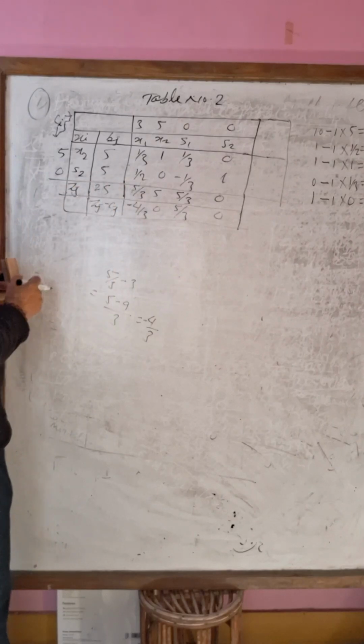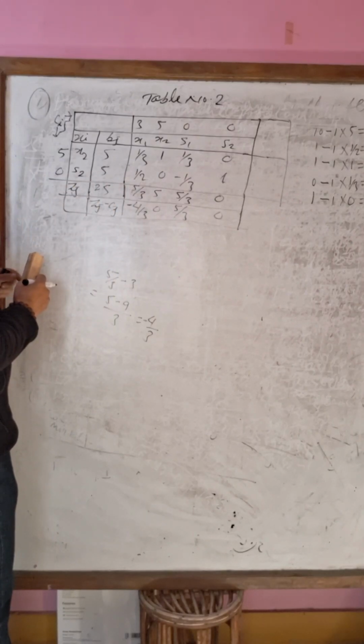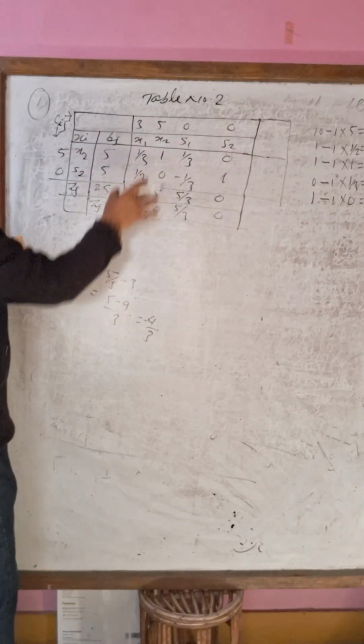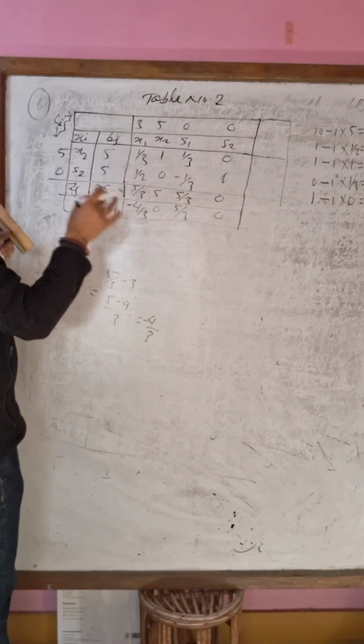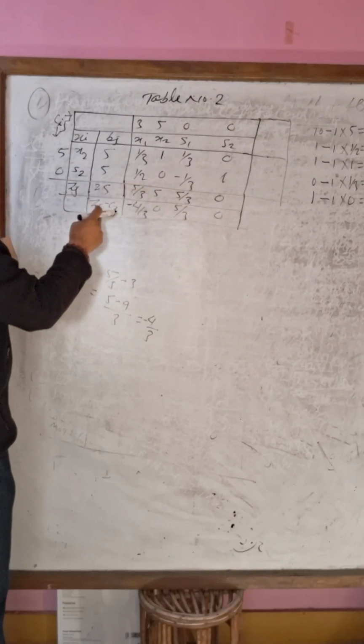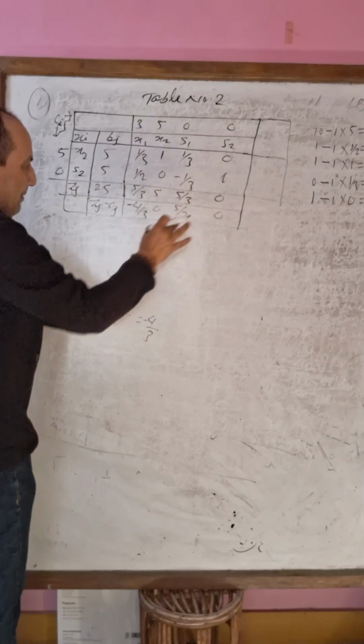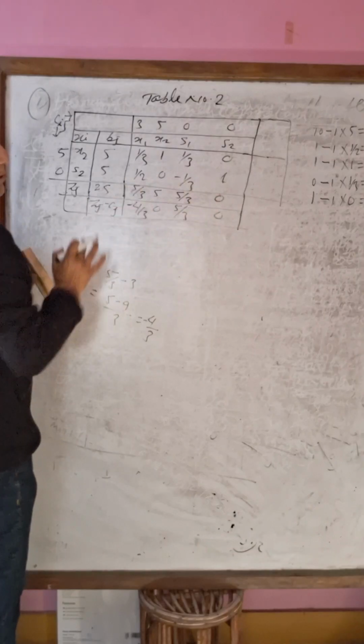And we need to form the next table here. Up to when do we proceed? Up to when the ZJ minus CJ row has all values 0 and positive.